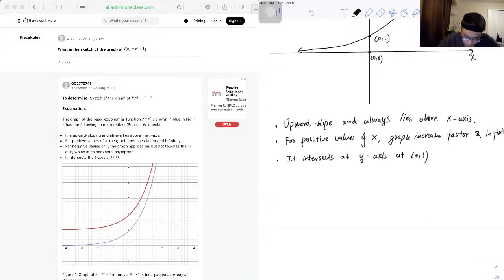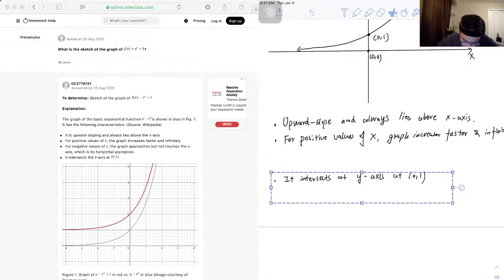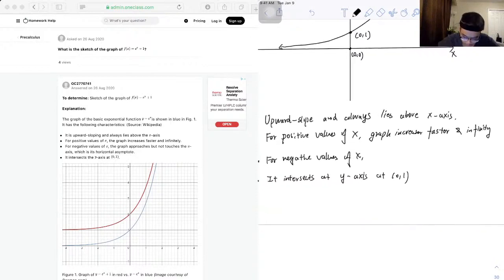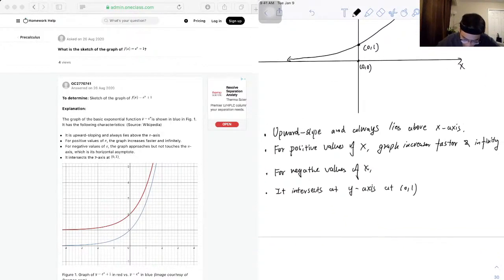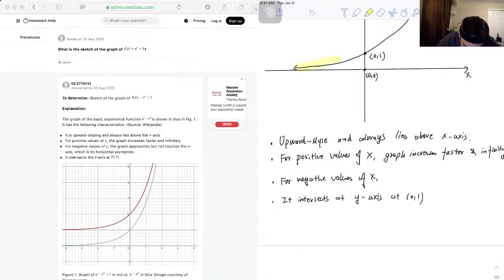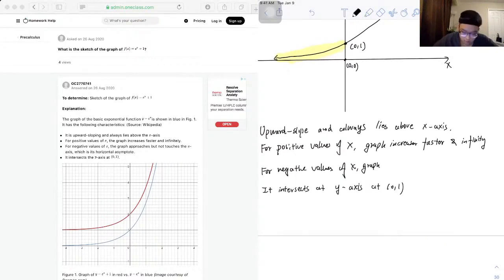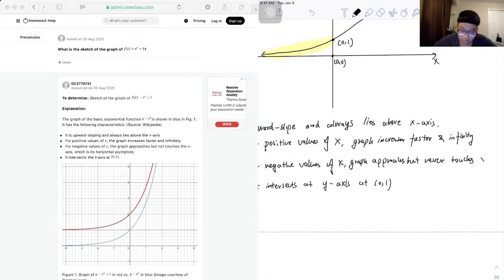And I forgot the negative values of x. For negative values of x, the graph approaches but never touches the x-axis, and the x-axis is its horizontal asymptote.